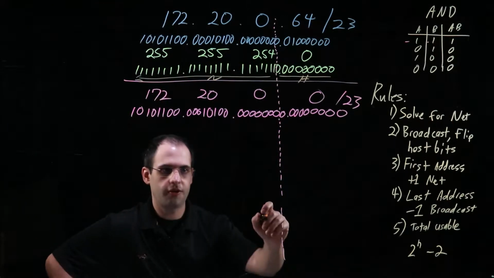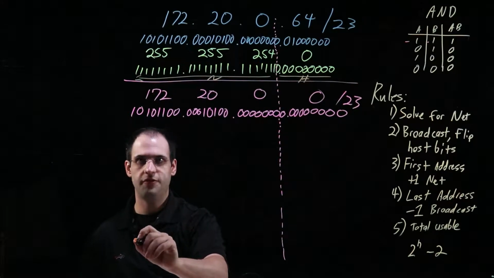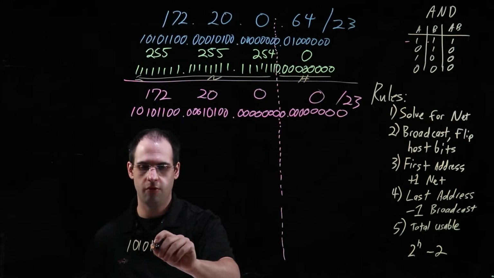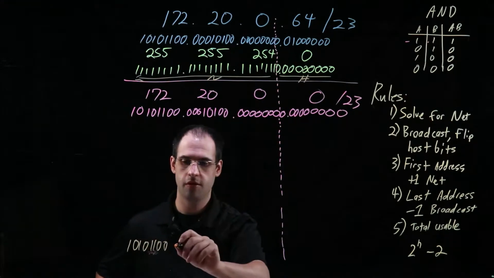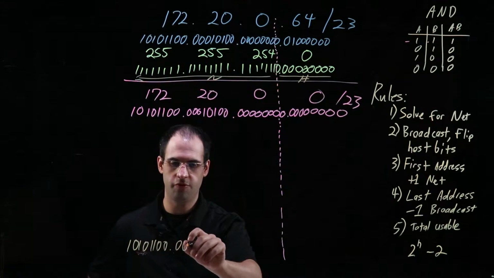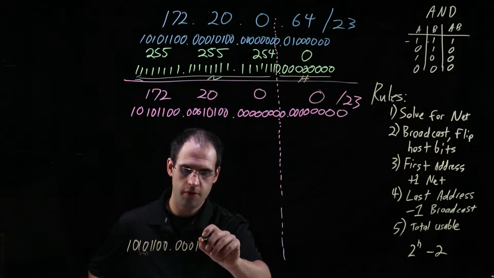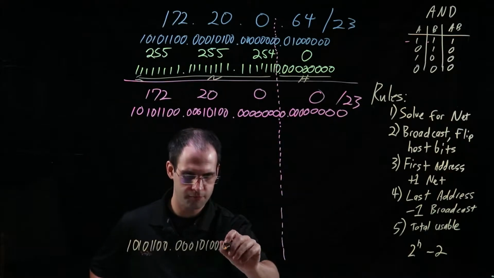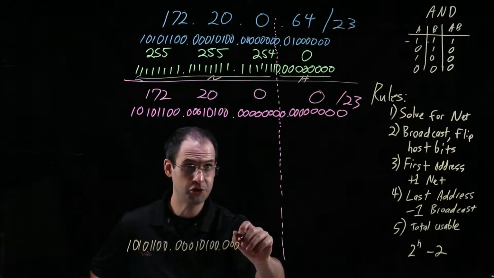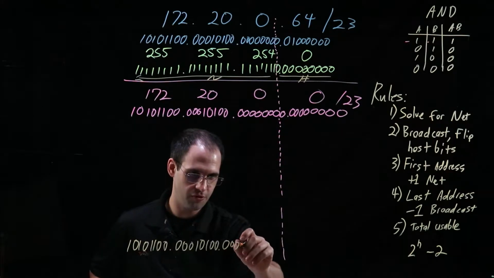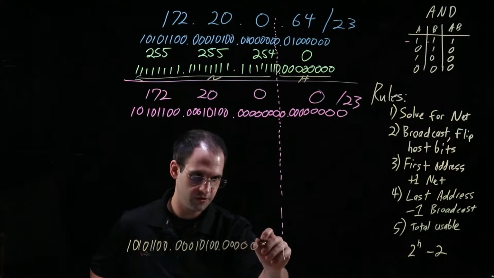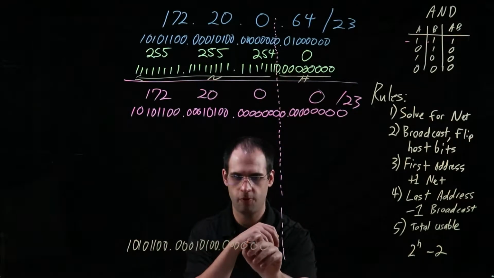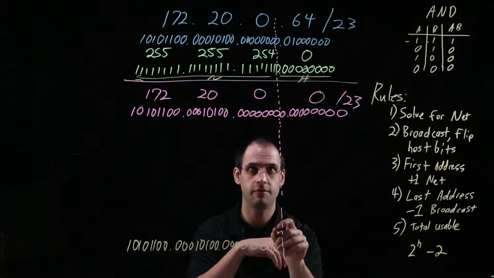So I'll hunker down here, and you can bring this all down here. 1, 0, 1, 0, 1, 1, 0, 0, dot 0, 0, 0, 1, 0, 1, 0, 0, all zeros. 1, 2, 3, 4, 5, 6, 7. 1, 2, 3, 4, 5, 6, 7, right?